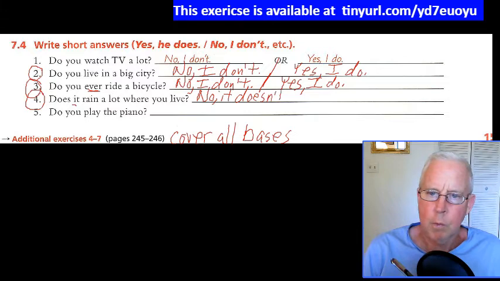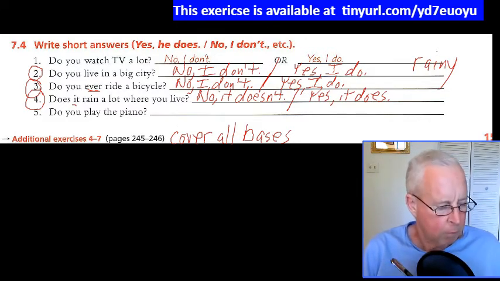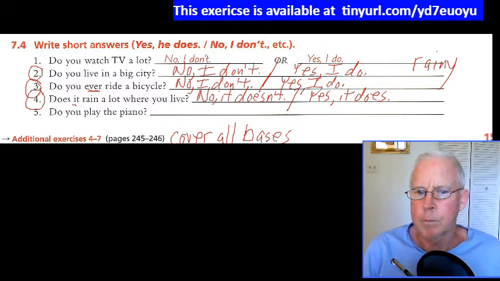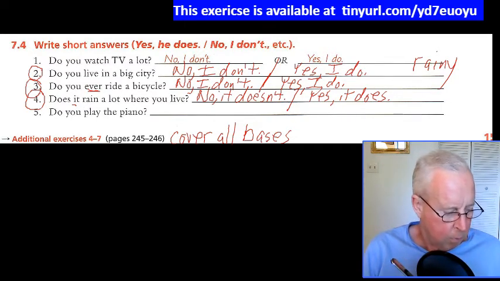Notice with the weather, it's it. No, it doesn't, or yes, it does, especially in the rainy season, which for me is coming soon. And then it will rain every day, daily.